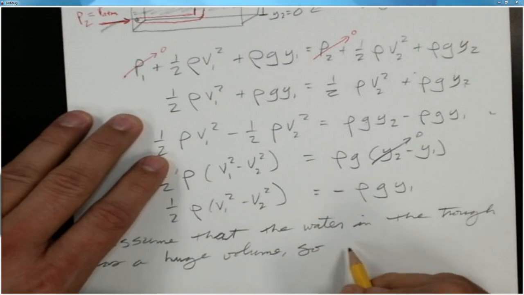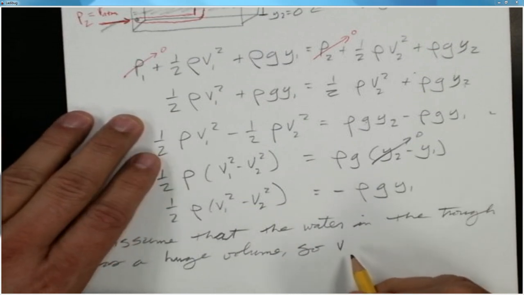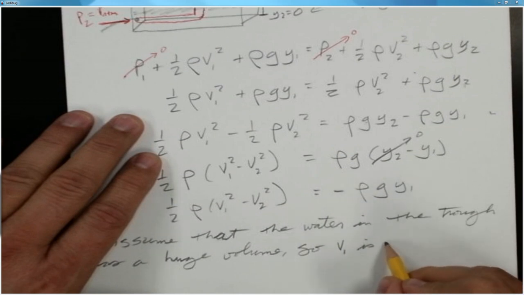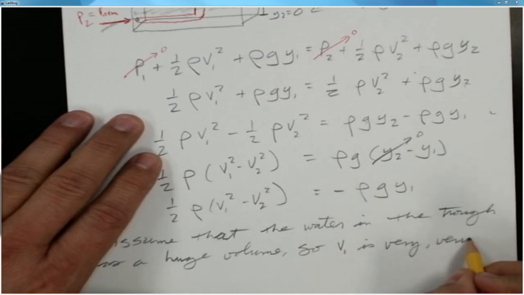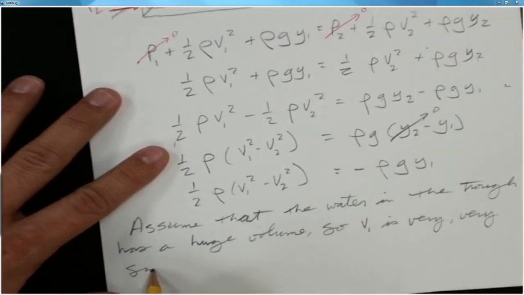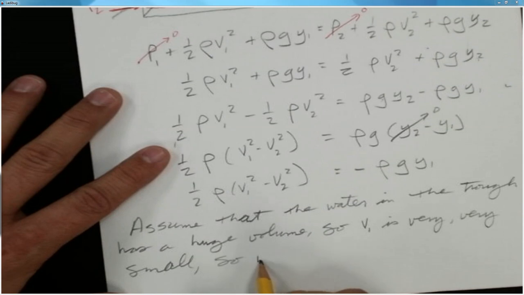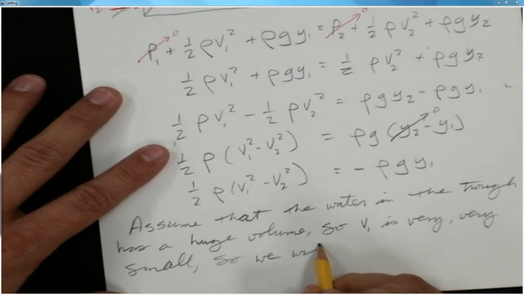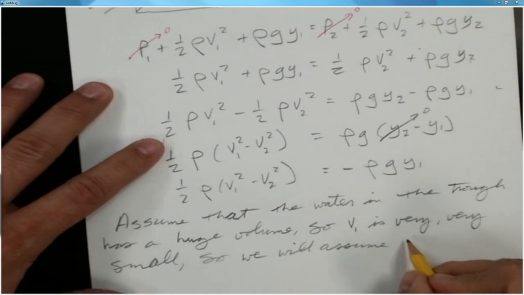So V1 is very, very small. So we will assume V1 is approximately equal to 0.